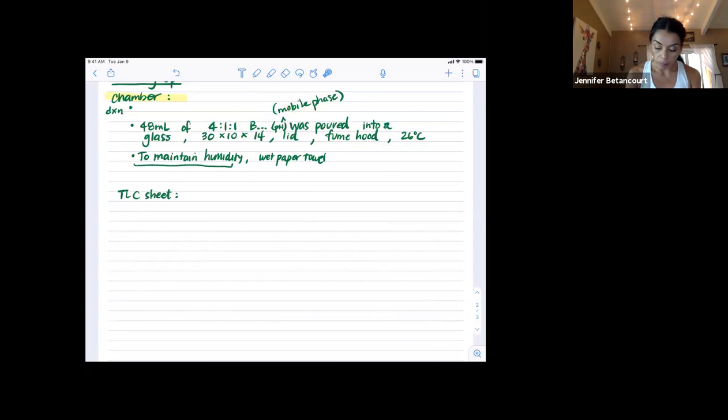So at this point, I'm going to do the description of the TLC sheet. We're going to write it down first, but it's going to end up being second on our sheet of notes. So for now, what are all the important details about the TLC sheet itself?